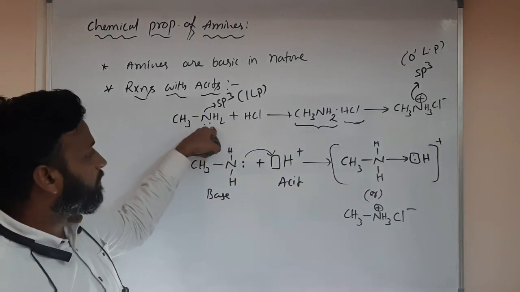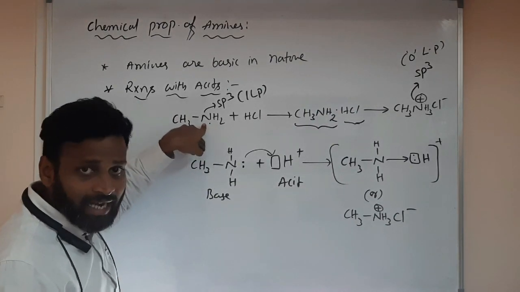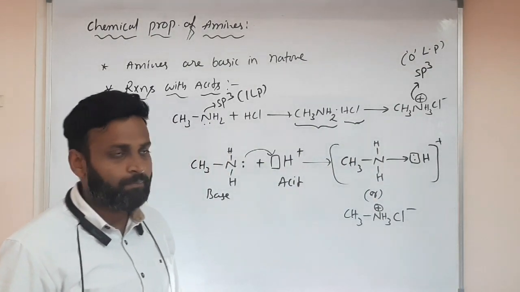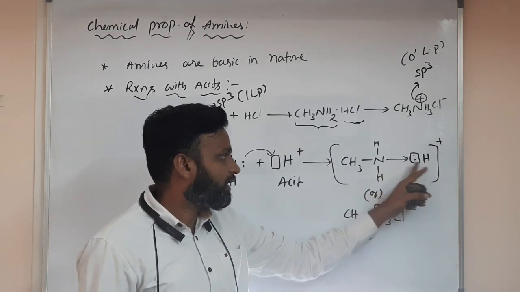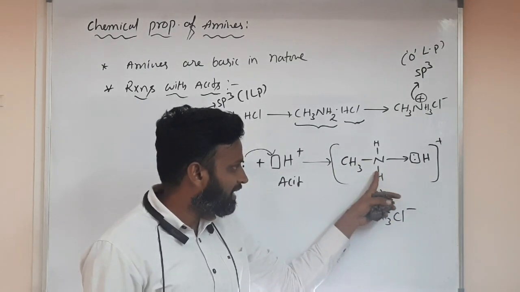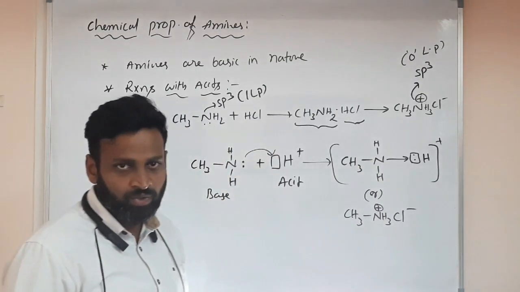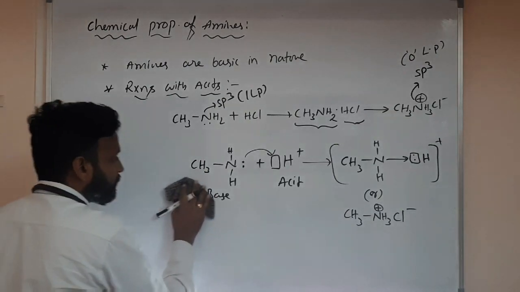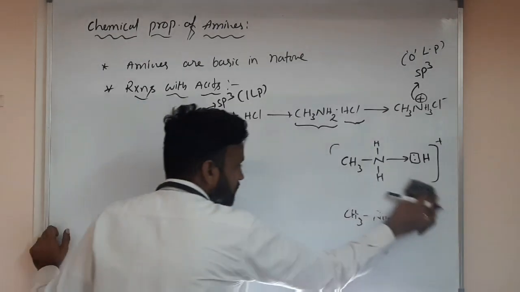So in the amine the nitrogen hybridization is sp3 and the shape is pyramidal, but here it is tetrahedral, because there is no lone pair; that lone pair was utilized for the dative bond. So the 4 bonds are in a tetrahedral manner. These kinds of questions they'll ask you. That's why I gave this example. Understood? So next, the most important reaction we will discuss.